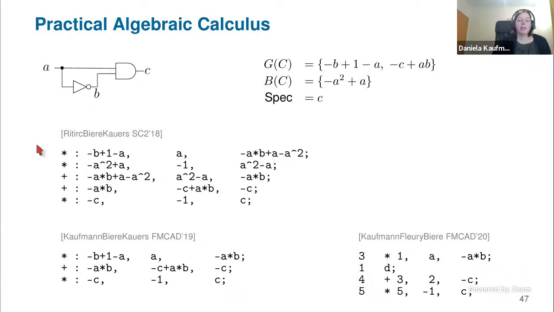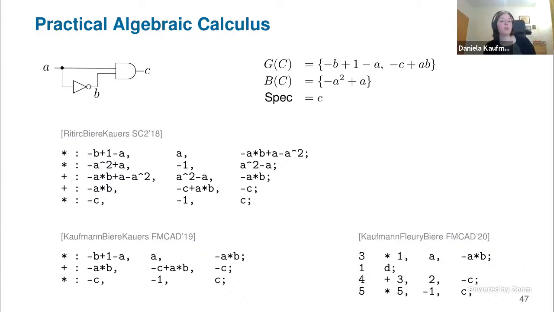And here you can see the history of our proof system. This is how we defined it in 2018. From then on, we worked on deriving shorter and more concise proofs. This is a short part of how these proof certificates look now for our benchmarks.